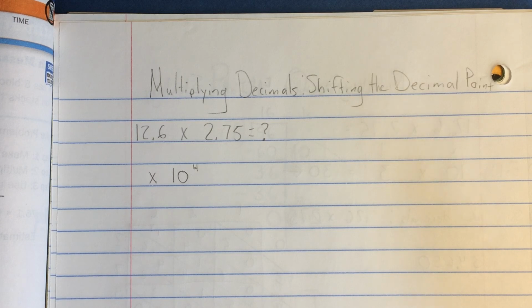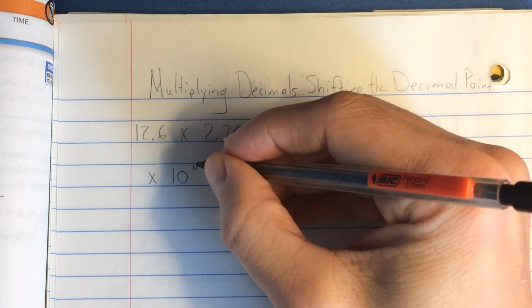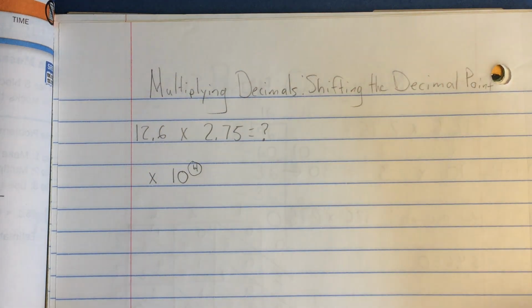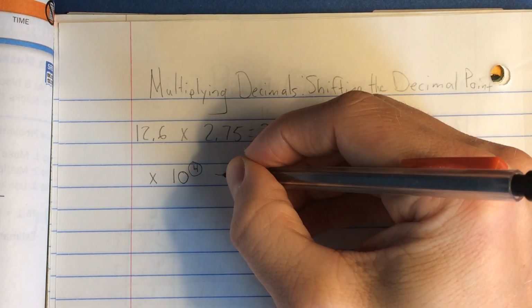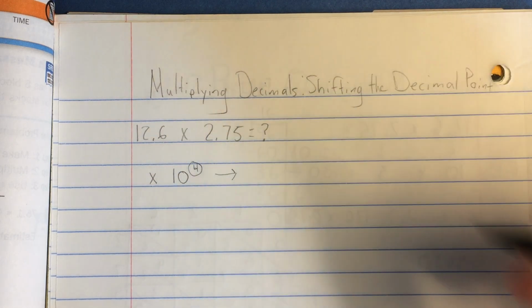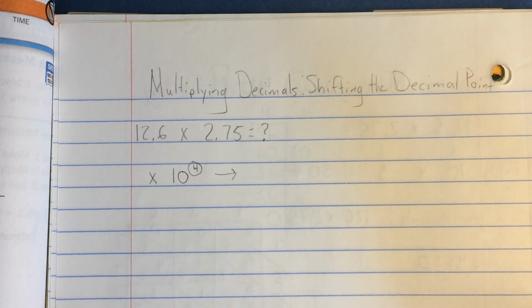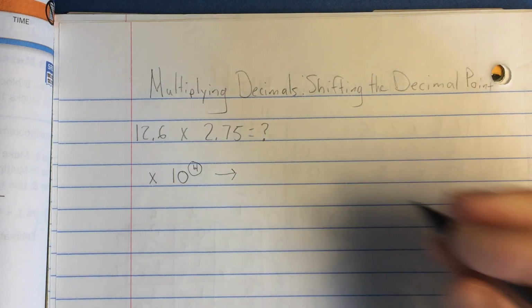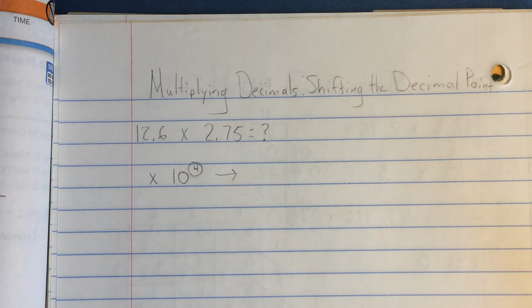If you don't, here's your answer. Whatever this exponent is, you're going to move the decimal point that many places to the right. When you're multiplying, you shift the decimal to the right by whatever your exponent is.